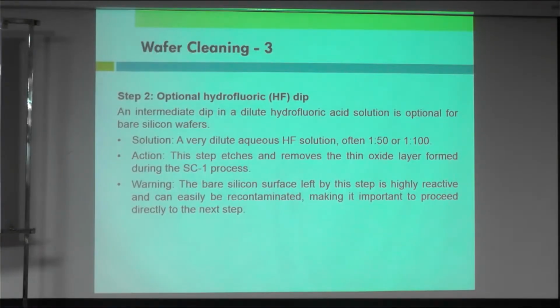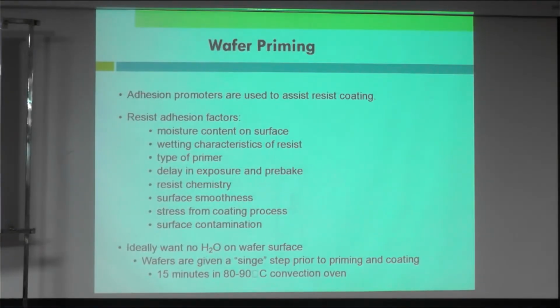Pass through different steps. Okay, so the next is on the wafer priming. Adhesion promoters are used to assist resist coating, basically. We want to make sure that resist adheres to the surface properly. Resist adhesion factors are mostly about moisture content on the surface and wetting characteristic of resist, type of primer, delay in exposure and pre-bake, resist chemistry, surface smoothness, stress from coating process, and surface contamination.